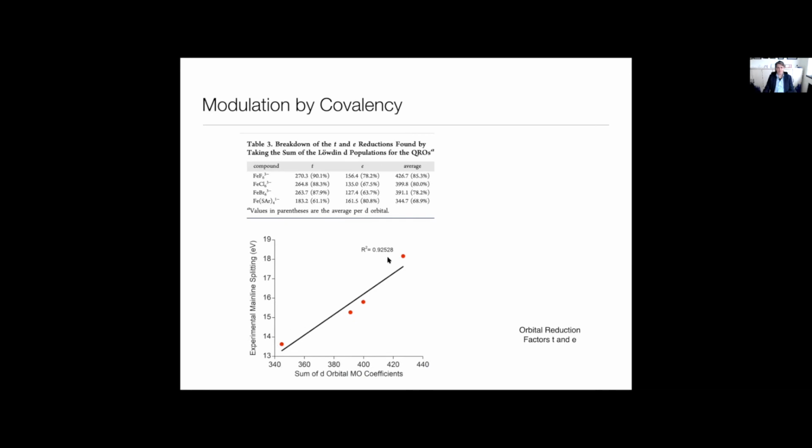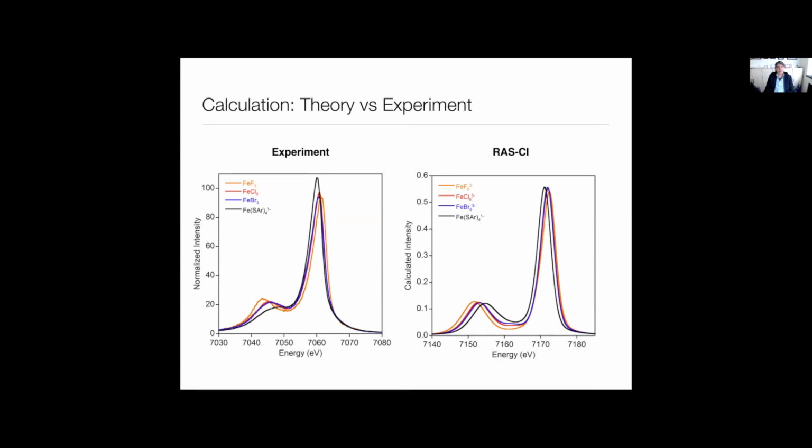So that is pretty much a straight line, at least for a theoretician it's a good enough straight line, with a very good correlation. And essentially what you see here is that there is a correlation between these orbital reduction factors T and E in Atanasov's table and the actual splitting of the mainline. And you can calculate these spectra quite nicely with the RACI approach. So that is the experiment for these hexahalides.